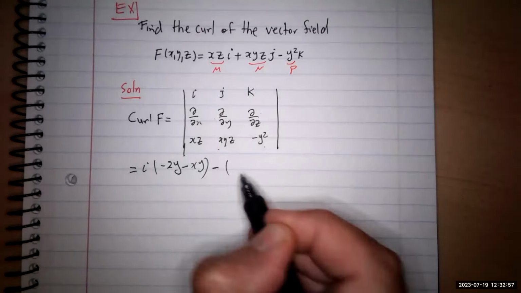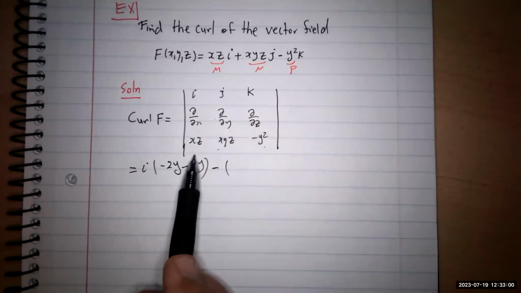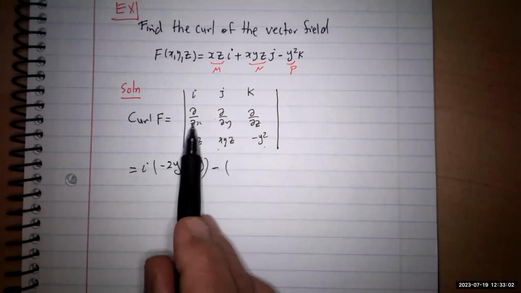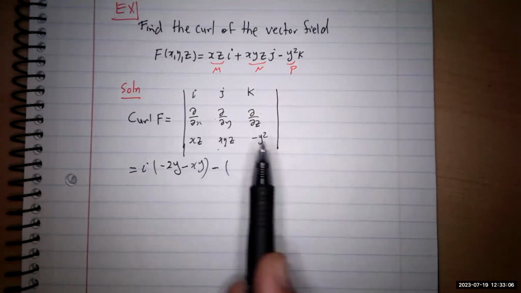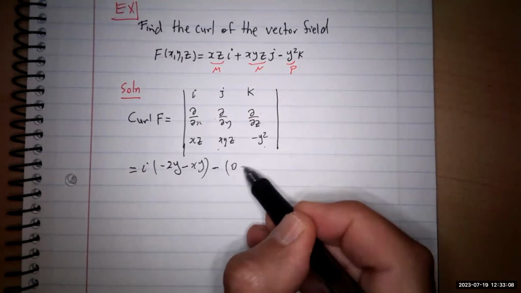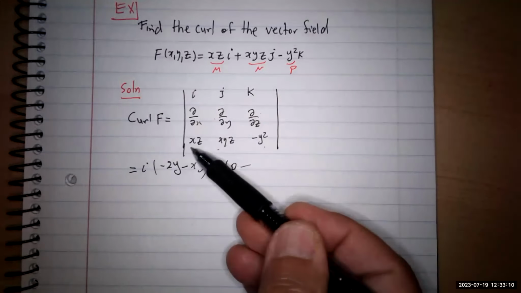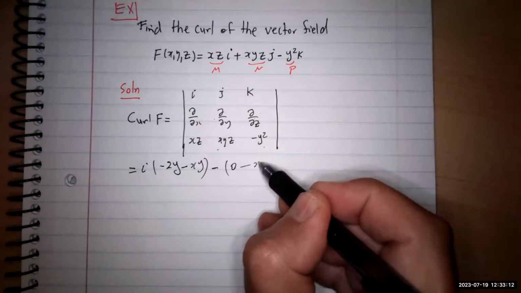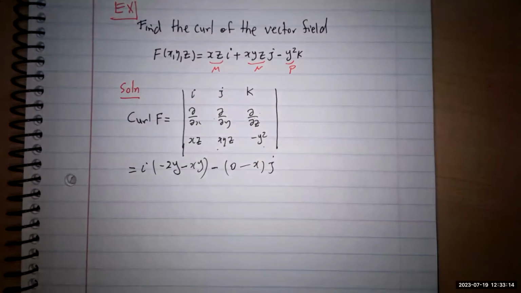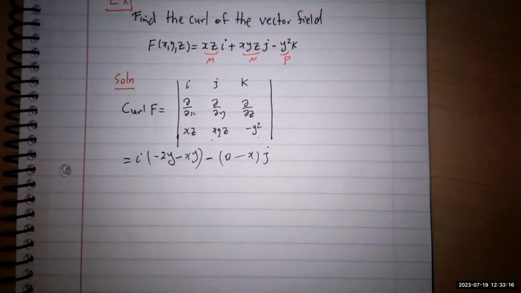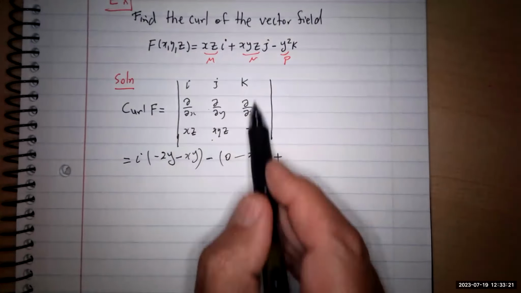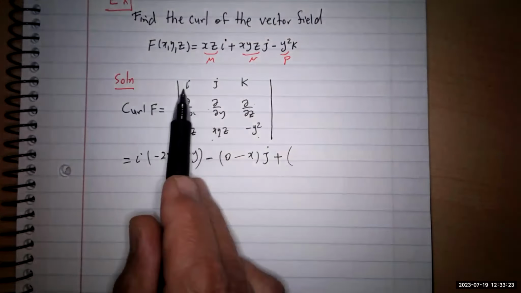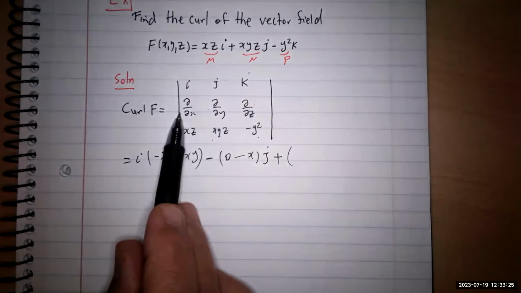Minus j times. Eliminate this column, so you get these two. Derivative with respect to x of the negative y squared, there is no x, so 0, minus derivative with respect to z of xz, which is x, times j. Okay, that's the next one. This is the last one: eliminate the last column.